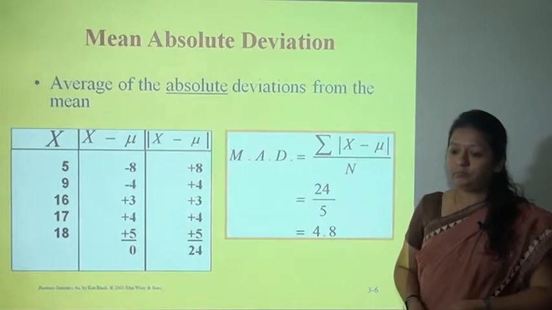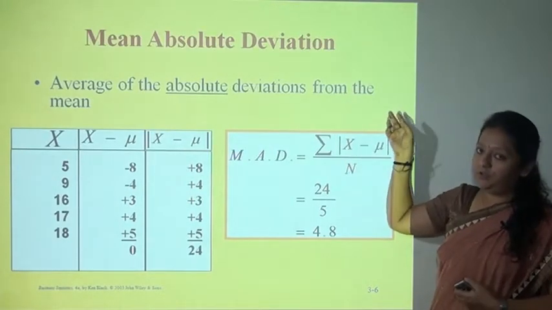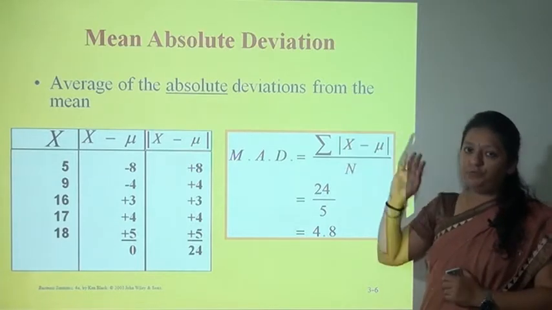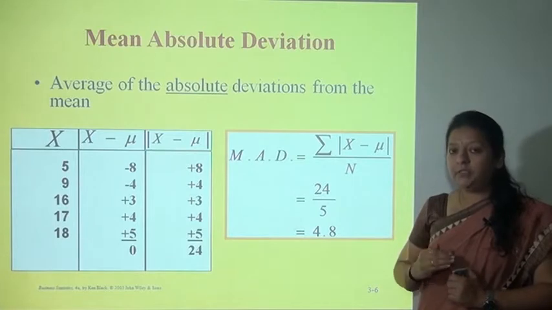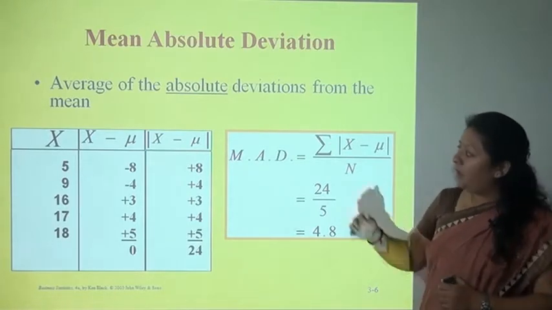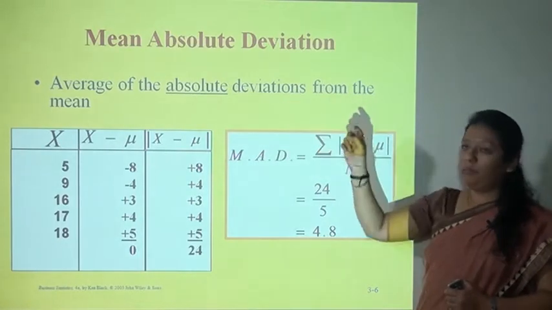Now we'll see the mean absolute deviation, which again identifies the deviation from the mean, for the values that lie above the mean and below the mean. It is the average of the absolute deviations from the mean.